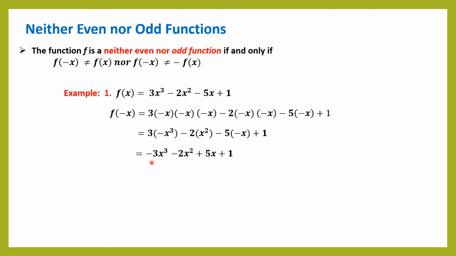That is negative 3x cubed. Multiply natin yung negative 2 and x squared. That is negative 2x squared. Multiply ang negative 5 and negative x. That is positive 5x. Then, copy natin yung plus 1.